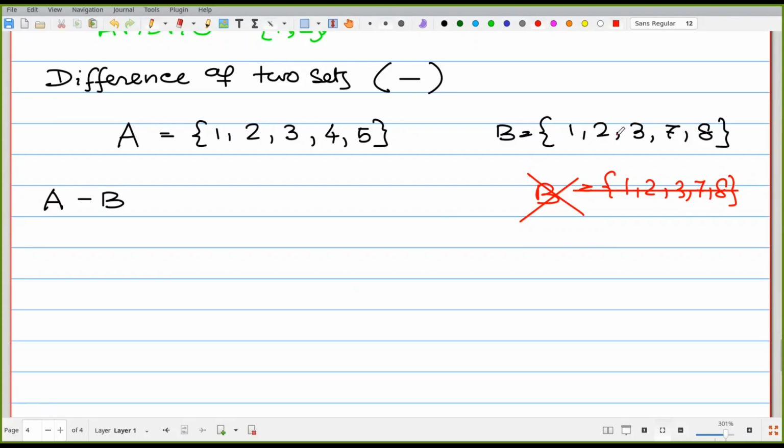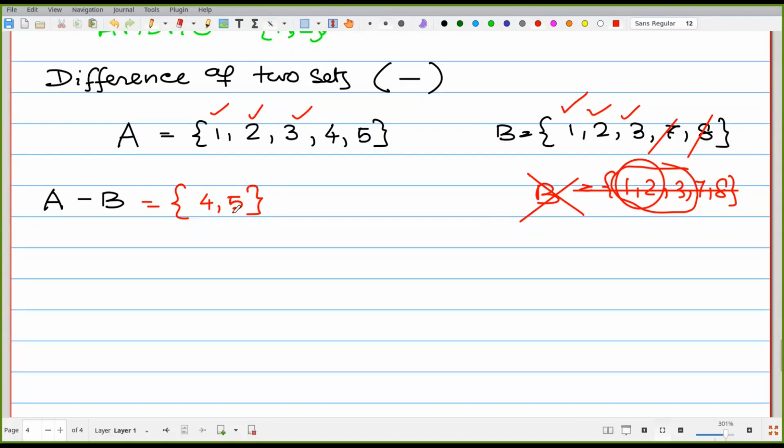So 7 and 8 must not be there. Now think about which elements were common for set A and set B: 1, 1, 2, 2, 3, 3. So the difference A minus B must be only 4 and 5.